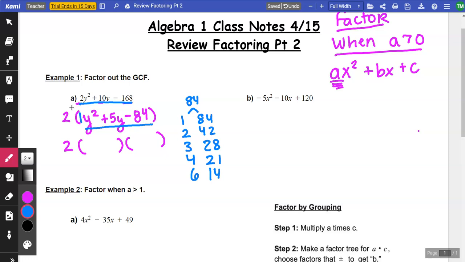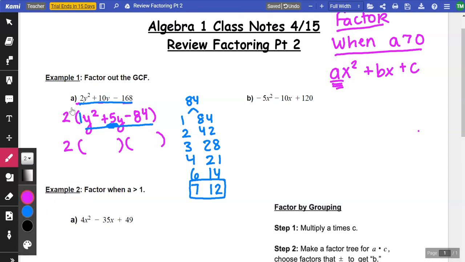So we're looking for factors of 84 that are going to add or subtract to get us 5, this b term in the middle. And so far, I don't see one. Let's keep going. 84 divided by 8. No. 7 and 12. All right, well, I can add or subtract 7 and 12 to get 5. So I'm going to go ahead and use 7 and 12.